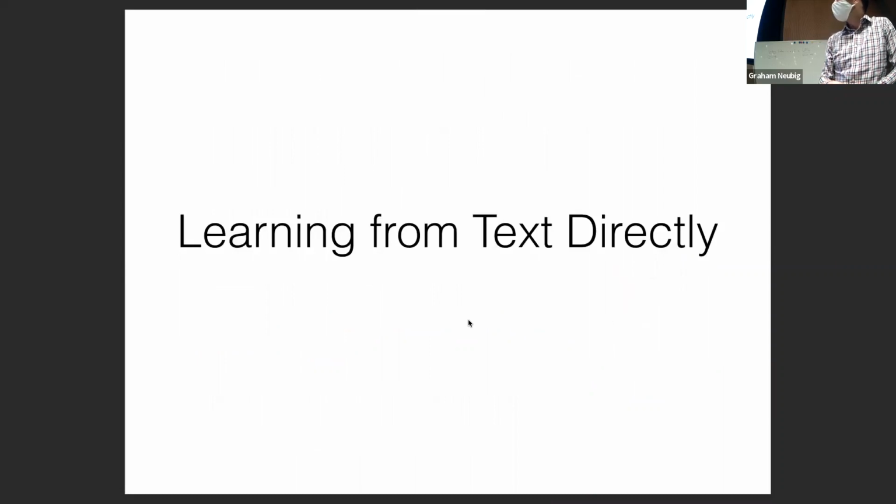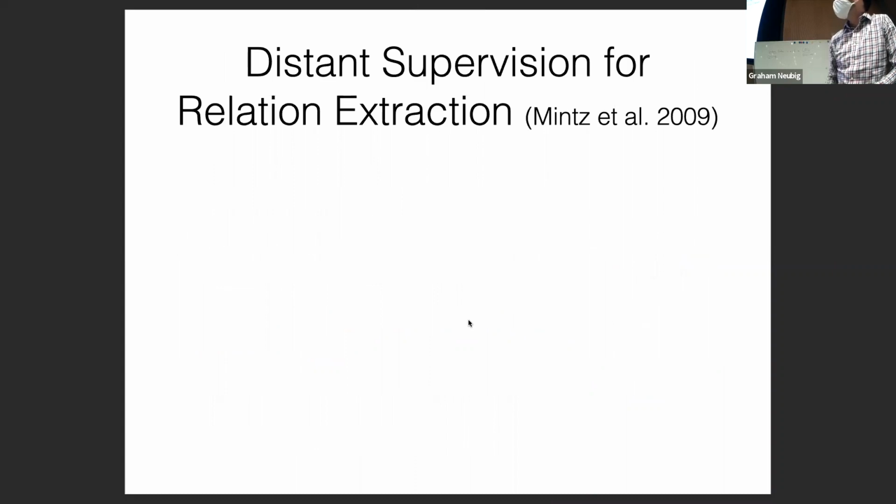We can also learn relations directly from text. Basically what we want to do is identify text that is indicative of a relation.